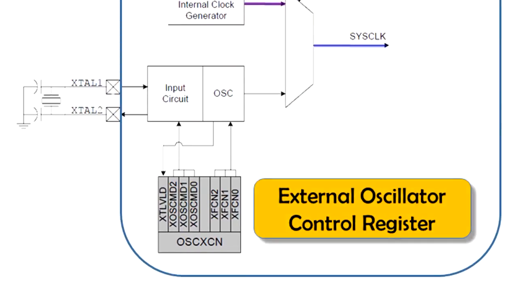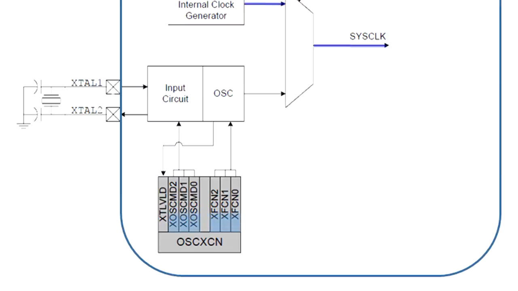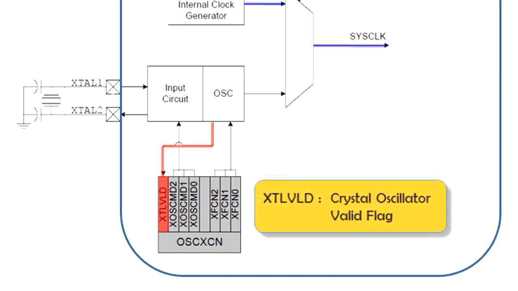This is the external oscillator control register. The bits in the external oscillator control register are used to configure the external oscillator circuit. When the external oscillator circuit is stable, the crystal oscillator valid flag is set to 1. This is to indicate to the user that the external oscillator is ready for use.